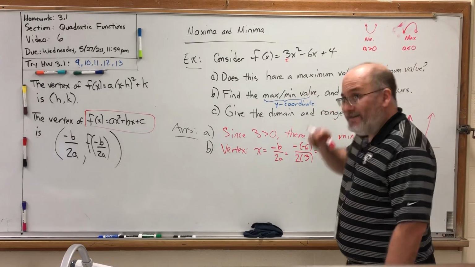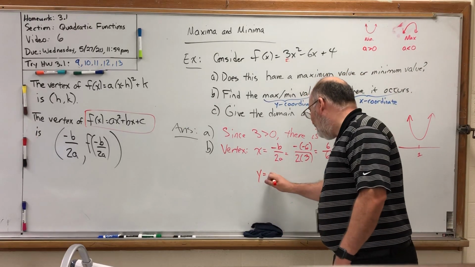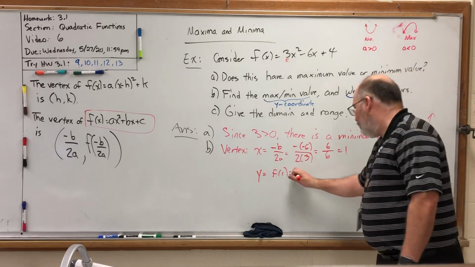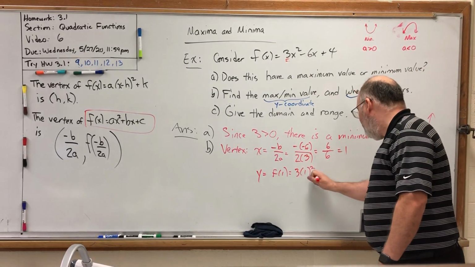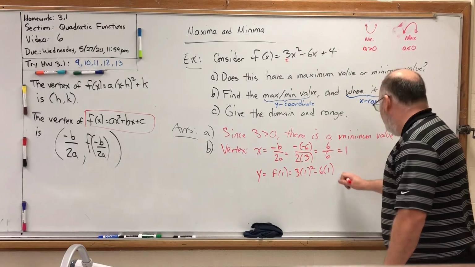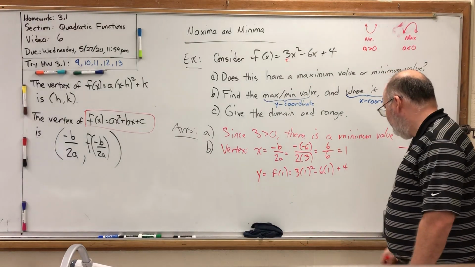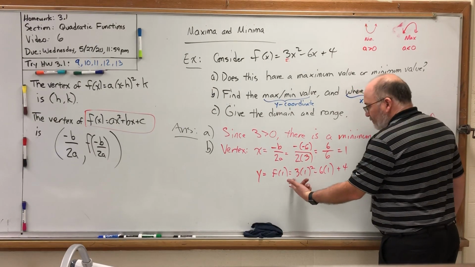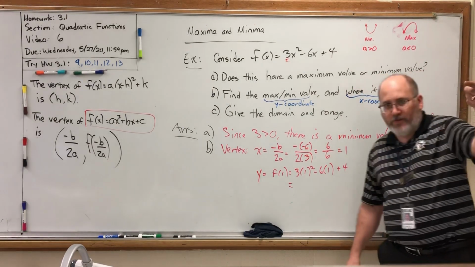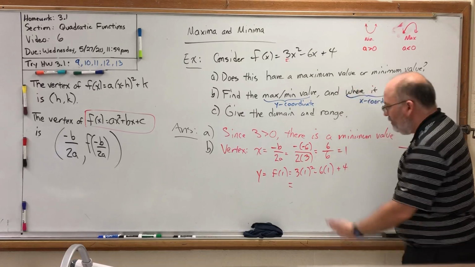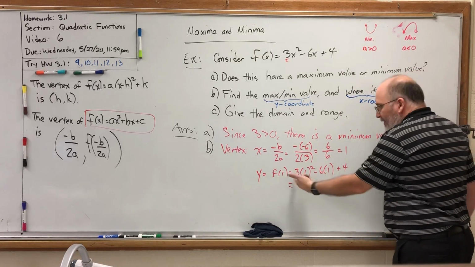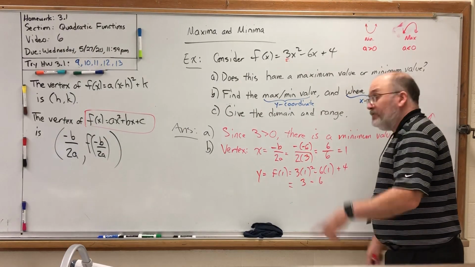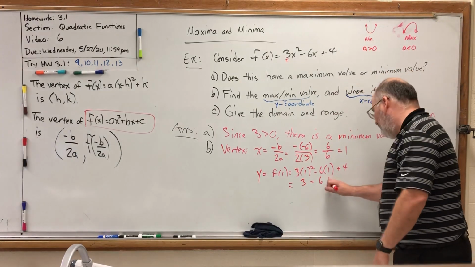As far as what that low value is, we just have to put 1 into the function. So 3 times 1 squared minus 6 times 1 plus 4. Be careful here, this is not 9. Don't do 3 times 1 first. You know exponents precede multiplication. 1 squared is 1, then 3 times 1 is 3. 6 times 1 is 6.